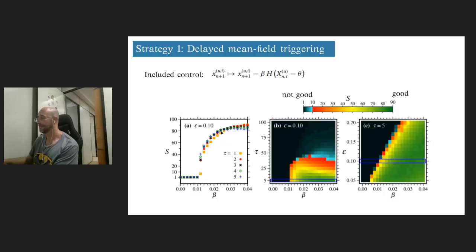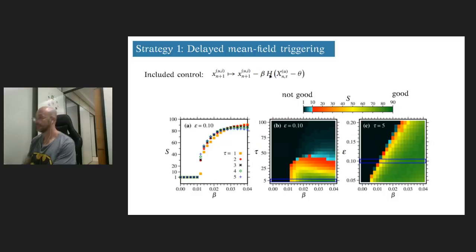In the first panel, we fix epsilon, the chemical strength parameter, equal to 0.1, and we vary the delay in the measurement of the mean field and the intensity of beta.